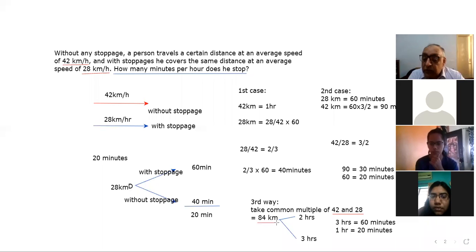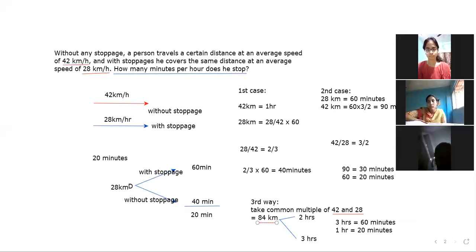The person without stopping can cover this distance of 84 kilometers in 2 hours, and the person with stoppage can cover the same distance in 3 hours. So after every 3 hours, 1 hour goes in the stoppages, and after 1 hour, 20 minutes go in stoppages. Hope it is clear.